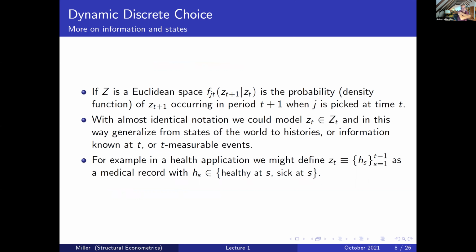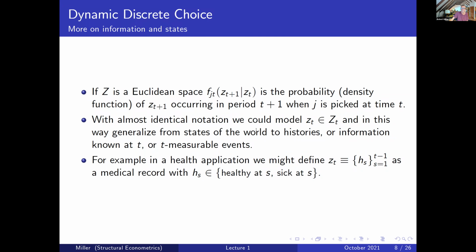Now, we can go further than that. I've described this in terms of a finite set of background characteristics, but there's no reason to do that. You could go further than that if you wanted to. You could make this a Euclidean space, and then you would have to have a probability density function instead of just looking at probabilities.